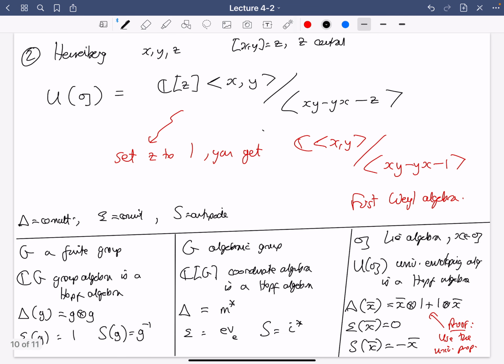Okay, so these are three examples of Hopf algebras: group algebras of finite groups, coordinate algebras of algebraic groups, and universal enveloping algebras of Lie algebras. In each of these three cases, we've got a notion of representation. A representation of a finite group is the same as a module over the group algebra.